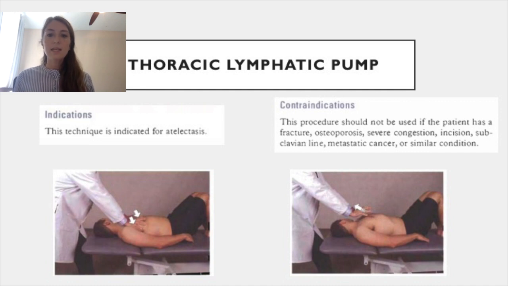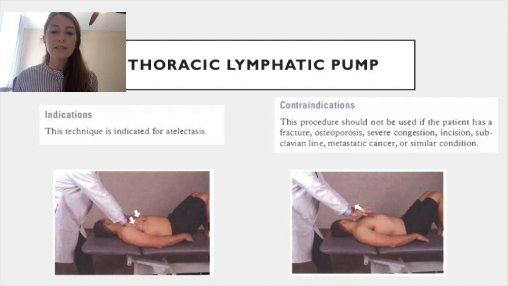So for this technique, the patient is instructed to take a deep breath and exhale. So inhale and exhale. And during the exhalation, the physician will put more pressure on the rib cage. And when they're inhaling, you're resisting the inhalation and pressing down on exhalation. And then again, you can do this cycle several times, maybe about 3 or 4 times.